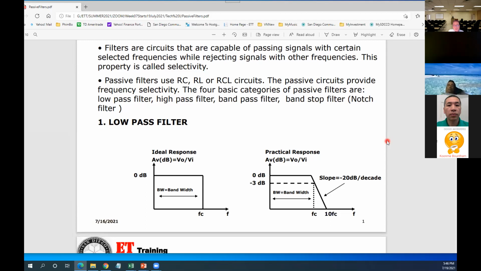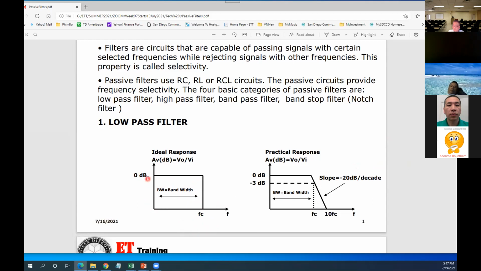This chapter is very, very important for your technician job, okay? So you have to be careful. This is the output from the low pass filter. That's the ideal filter, okay? 0 dB, what does that mean in here?